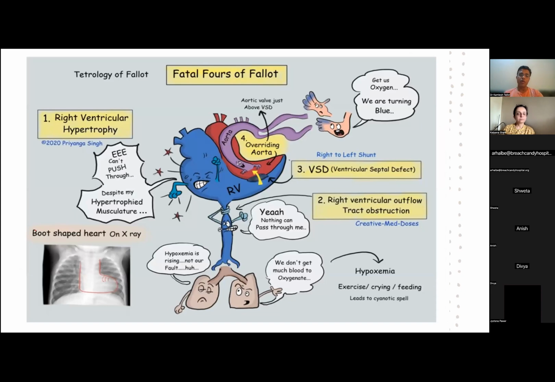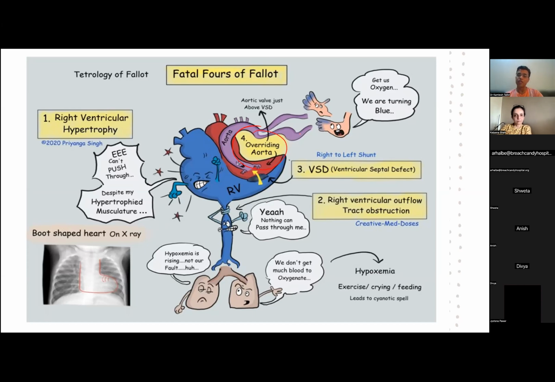Coming to the problems of tetralogy, it is labeled the fatal four of Fallot. There are four problems, but most cardiologists and specialists now understand that it starts with one problem, which then leads to the others. So I'll go in reverse to say what the problems of Fallot are, starting with overriding of the aorta.